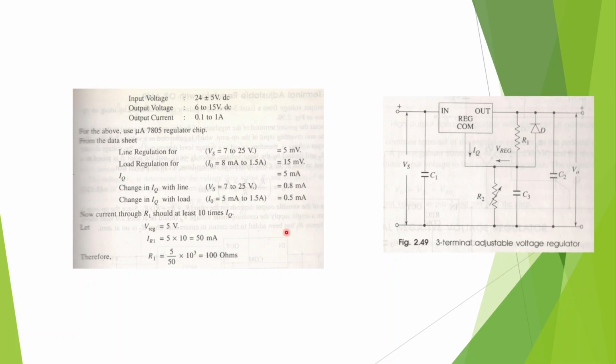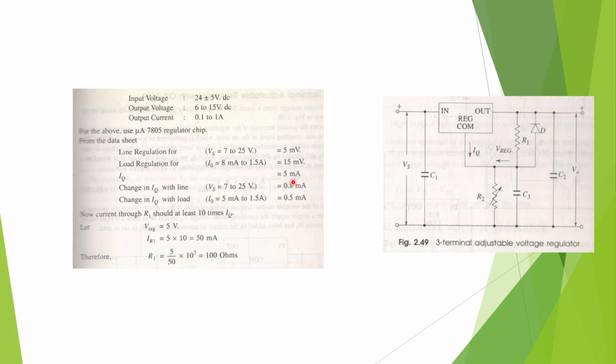Now we know that the current passing through resistor R1 should be at least 10 times the value of IQ. The regulator voltage is 5 volt because 7805, 05 indicates it's 5 volt. So Vreg is 5 volt. So current through R1 is 10 times that of IQ.